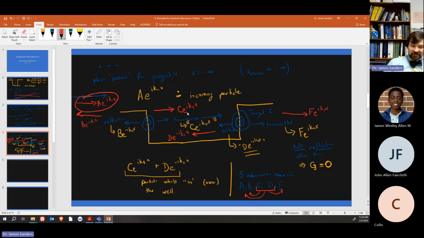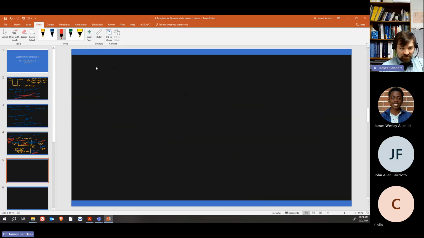Similarly, if I send like 6 or 7 particles, or 6 or 7,000 or 6 or 7 billion, however many I want, as long as I can detect each particle either as reflected or transmitted, eventually I know that they all will have exited the well. And the number that were reflected plus the number that were transmitted should add up to the number that were incident. So the number of incident particles must equal the number of reflected plus the number of transmitted.